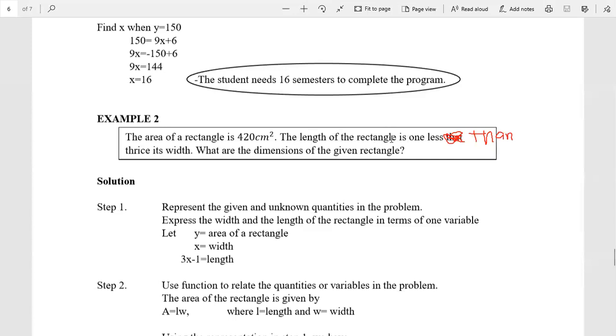The length of the rectangle is 1 less than thrice its width. So ang width is si x. Thrice, so 3x, less than 1, so minus 1. So 3x minus 1 mao na ang length.